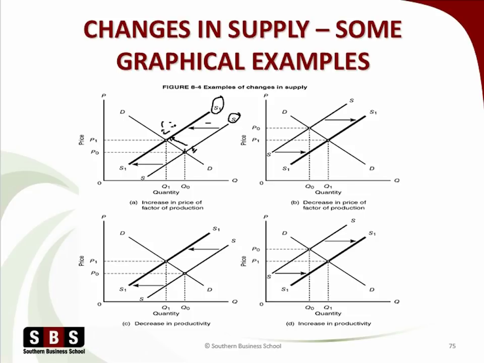Now the demand side won't be influenced because productivity is more about the supply side. That's why only the supply curve will change. The demand curve will stay the same. And that's just the opposite if there's an increase in productivity. So just work through those slides in your own time.